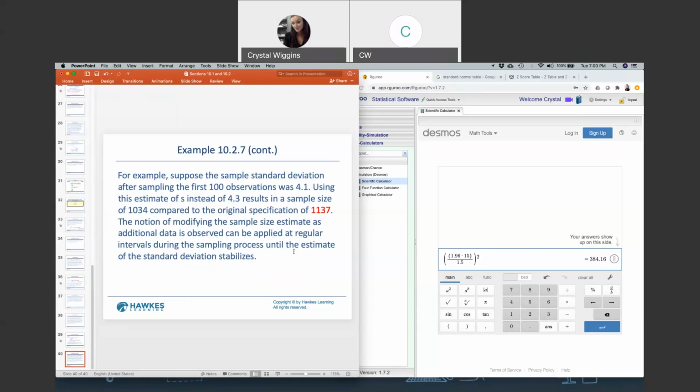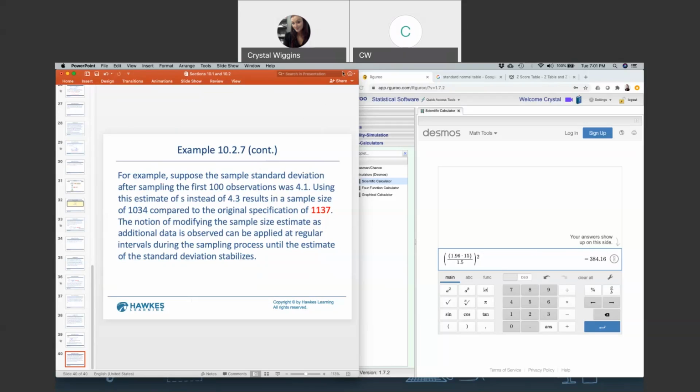So what they're saying is if you do not have the population standard deviation, it is okay to use the sample standard deviation in this formula, but you need to know that it is less accurate. And therefore, replication is called for in order to try to get that sample standard deviation as close to the population one as possible. Because we see here we are short by 103 people, which will throw off our numbers as we continue on through our calculations.